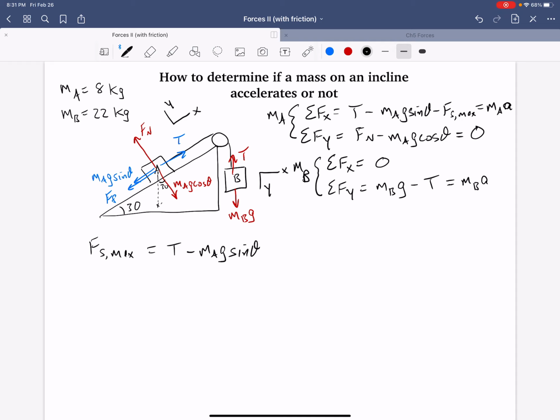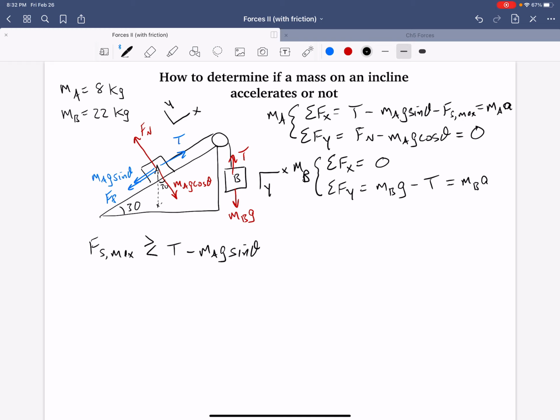In this case, I'm assuming there is no acceleration, so you don't need to worry about that. Treat that as 0 for right now. We're just simply worried about the magnitude of that one. Is that greater than or less than the sum of all other forces in that direction?